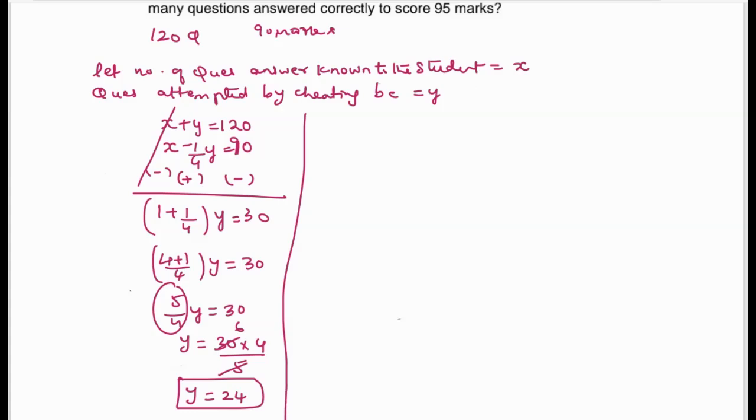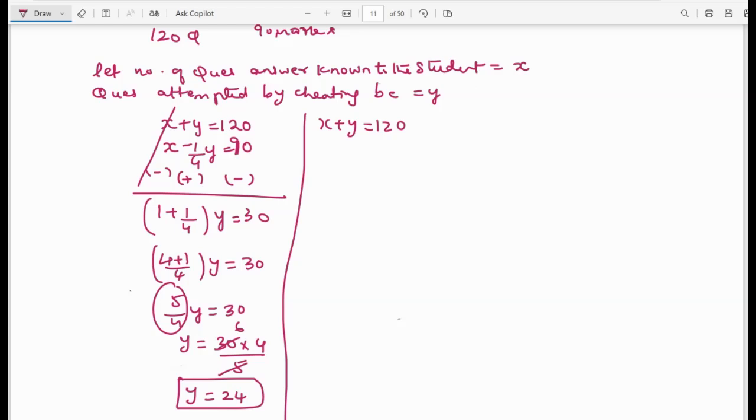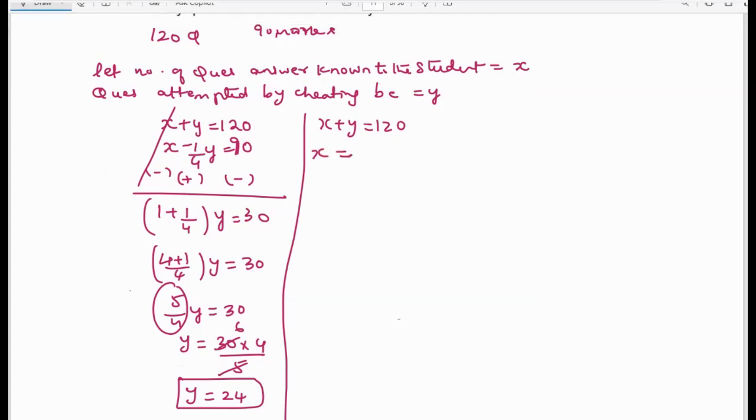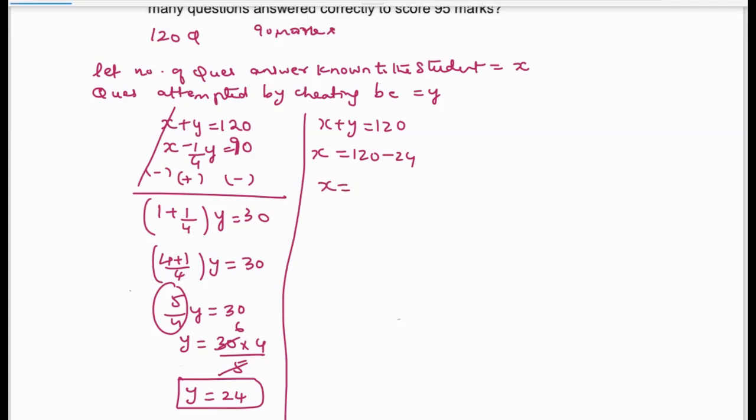Now find the value of x. x plus y is 120, so x will be 120 minus 24. That is nothing but x is 96. So the student knows the answers to 96 questions, and the questions he attempted with wrong answers were 24. Certainly he cheated on 24 questions.